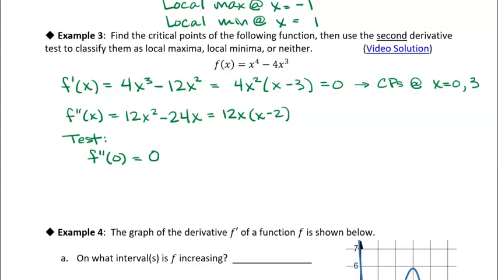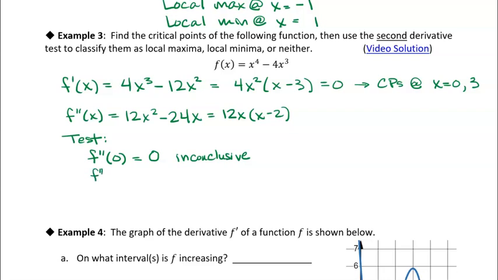That's not positive or negative. So what does that mean? If the second derivative is 0, then the second derivative test is inconclusive, right? So I'm just going to write inconclusive. It doesn't tell us anything. And so that means if we want to test that point, we've got to go back to the first derivative test.